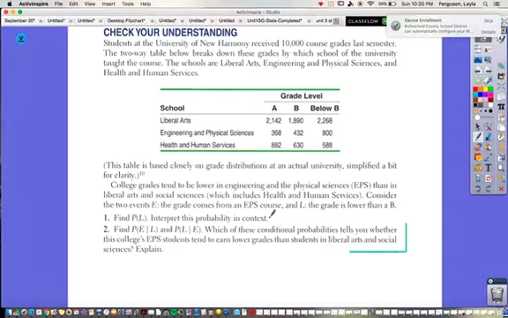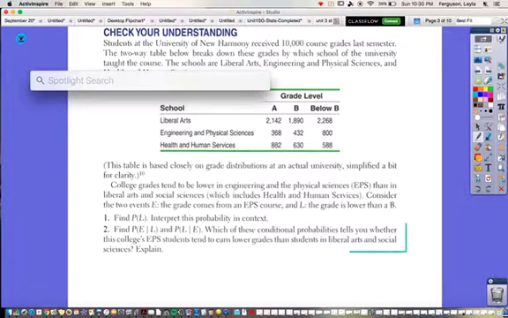So the probability of L is the probability of a grade lower than a B. So a grade lower than a B would be everything in this column.